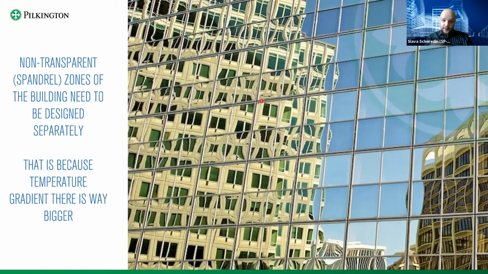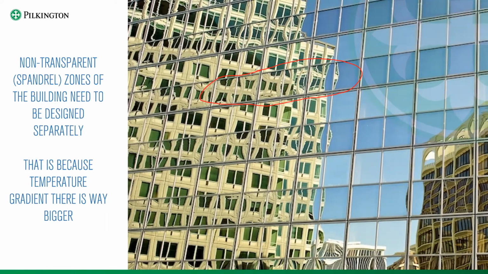On the photo, you will see that the non-transparent zone clearly differs in optical distortion from the transparent one, but the size is absolutely the same and the facade is absolutely the same. Why is that happening?